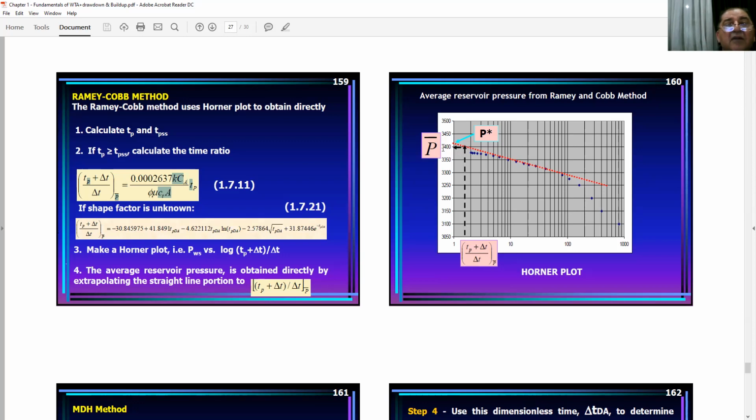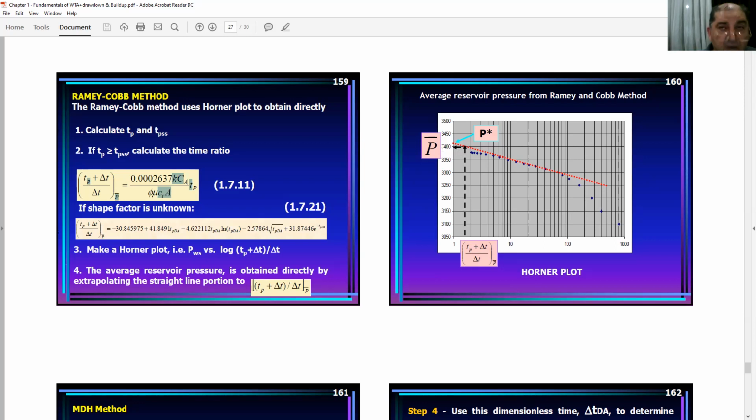Ramey-Cobb method, let me repeat what we need to do. You have to use the Horner plot, TB plus delta T divided by delta T with PWS. So you have to know how much your TP. If you know your reservoir configuration, then you know your shape factor, and this would be fine.